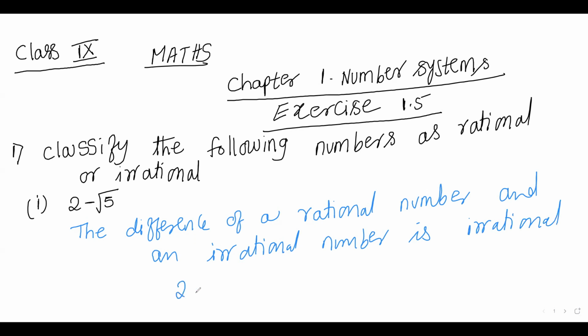So we conclude that 2 is rational now. Root 5 is irrational. Subtraction means difference. Difference of rational and irrational is always irrational. So the first bit is irrational number. Please write down.